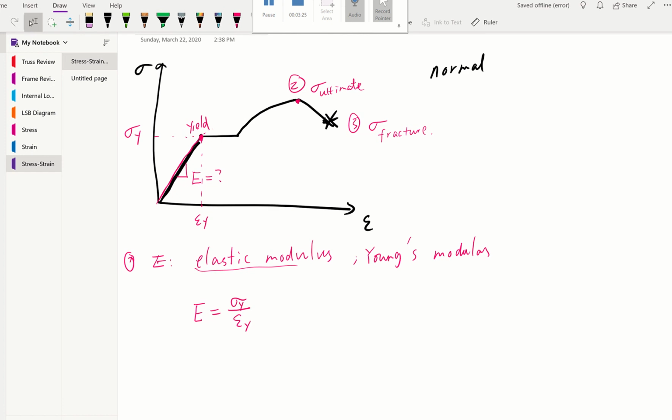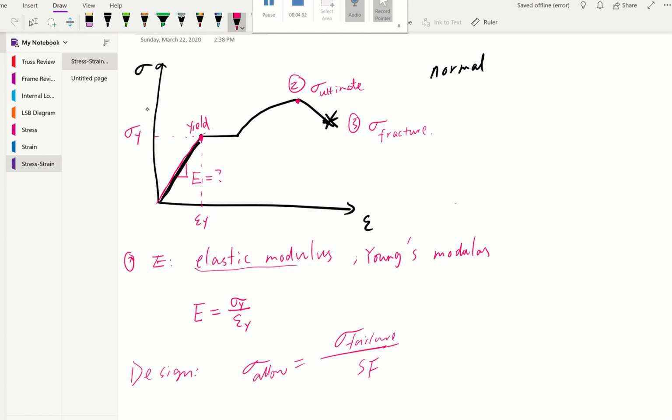Here I want you to think about what we talked about previously regarding design. We have this concept called allowable stress. Remember, allowable stress is equal to the failure stress divided by the safety factor. And what is failure stress? At the time, we said failure stress is proprietary to the material. Each material has its own failure stress. But what is the failure stress illustrated in the stress-strain curve?